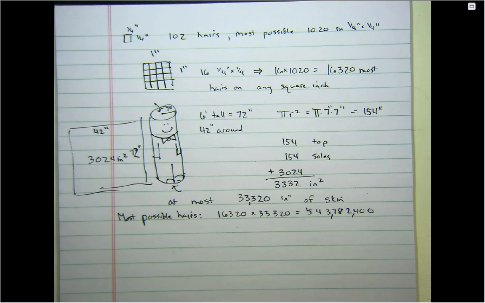So that's 543,782,400 hairs. The most possible hairs a person could have, and possibly more than a gorilla even.